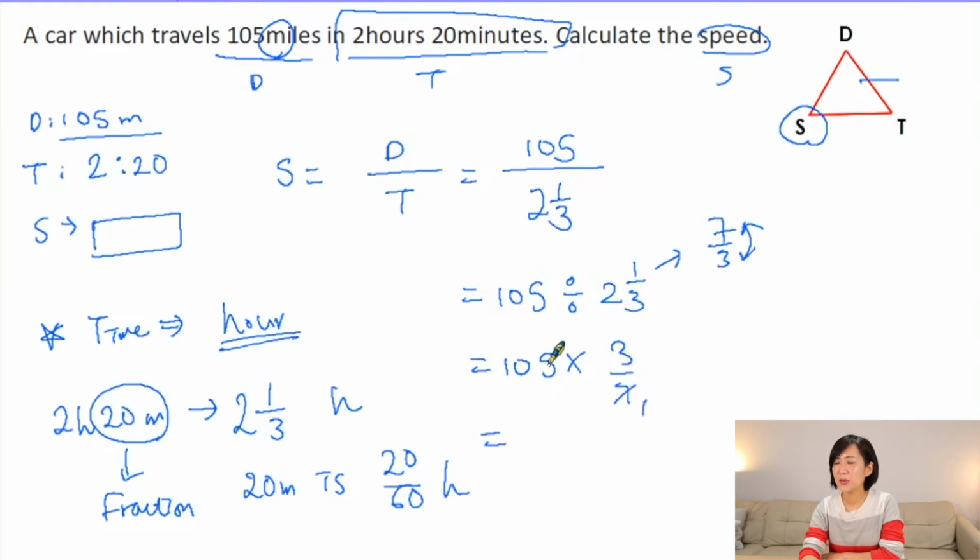So let's see if we can divide by 7. It gives you 15 times 3, so 45. Make sure you always take your unit again: miles per hour. This is the speed we are looking for.